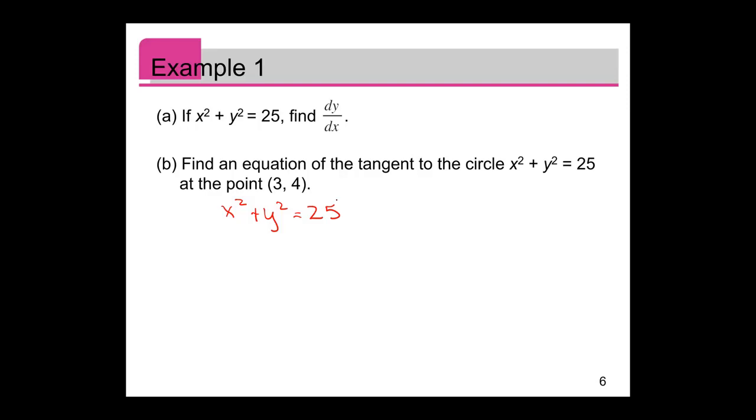Although sometimes you don't see where the chain rule is. I'm going to show you where the chain rule is, and why I'm saying that. So if I look at x squared, I'm going to say my inside function is x and my outer function is squared. Does everybody understand that? And the same thing for y. My inner function is y and my outer function is squared.